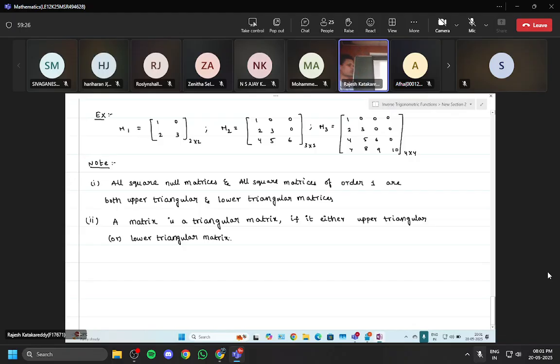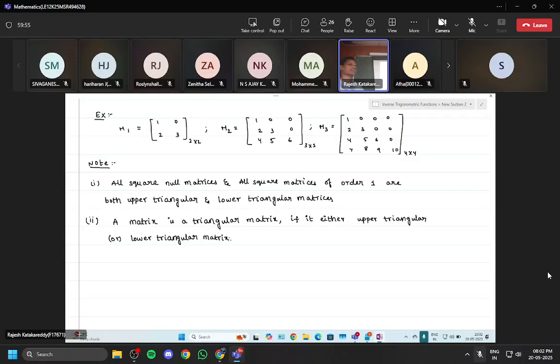If you studied in school, after triangular matrix, diagonal matrix. Scalar is a special type of diagonal, we can say. Then can I say diagonal matrices are both upper and lower triangular matrices?